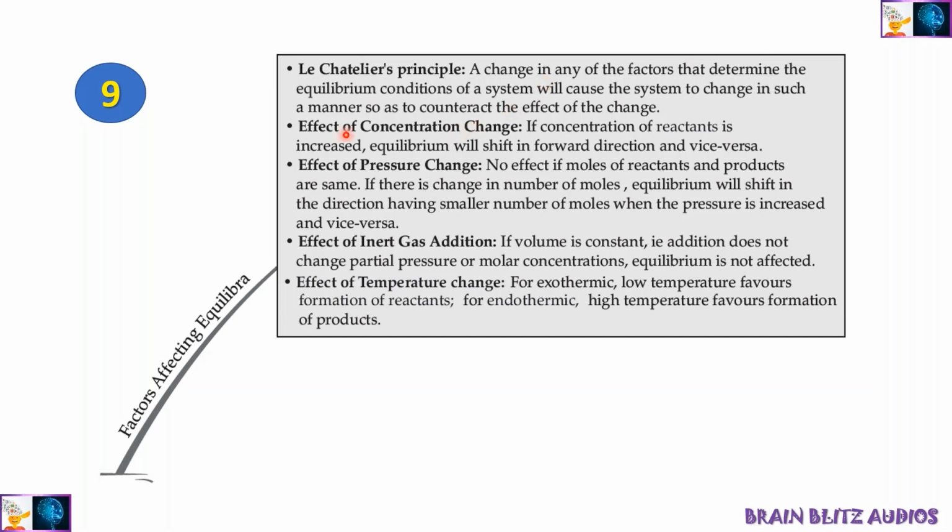Now, the effect of concentration change. If the concentration of reactants is increased, equilibrium will shift in the forward direction and vice versa. So if we have some reactants here and we convert them to a product, and once the reaction is done, we have it at equilibrium.